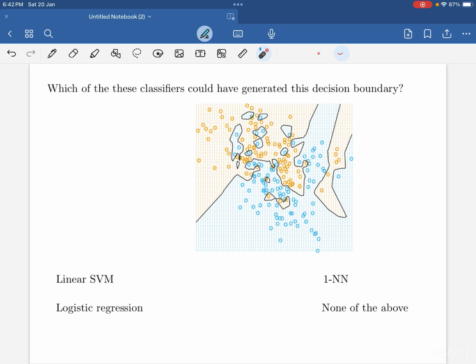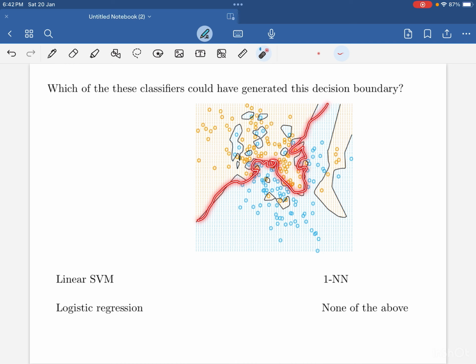Okay, so let's look at this question. Which of these classifiers could have generated this decision boundary? We have been given these options. Which classifier would give you this kind of decision boundary?